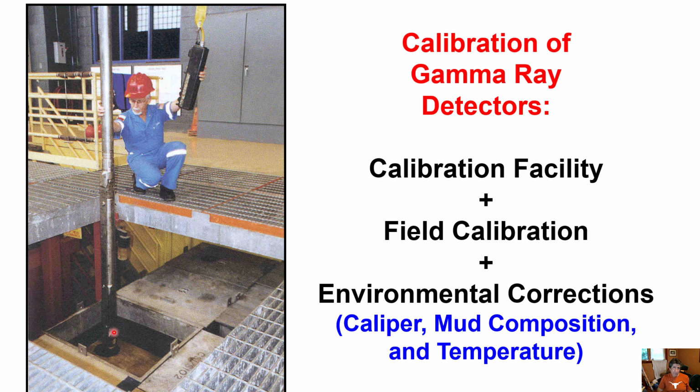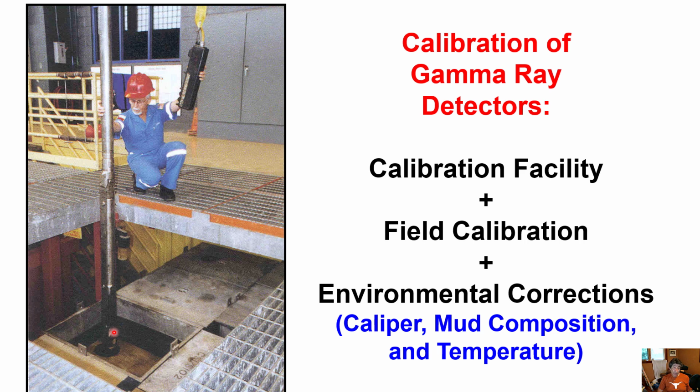Specifically in the mud, the presence of barite, because barite is heavy. When gamma rays try to make it through the borehole toward the scintillator that we have in the tool, if the material in the borehole is very dense, then many gamma rays are going to be absorbed by the mud before they make it to the tool.